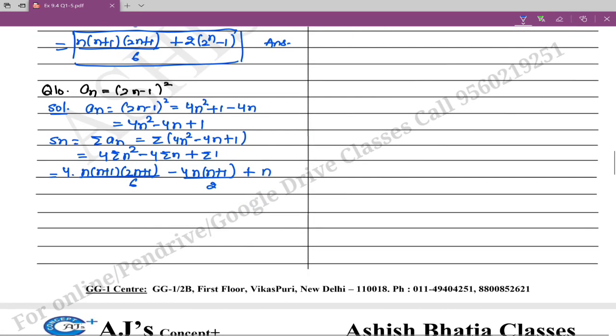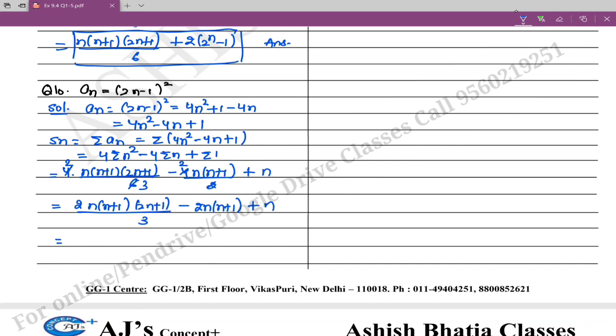See, in the class lectures we have done this, that the summation of 1 is equal to n. So it would be 2 into n plus 1 into 2n plus 1 by 3 minus twice of n into n plus 1 plus n.